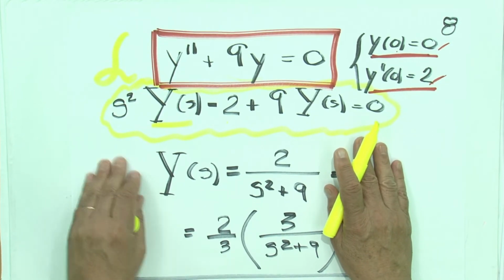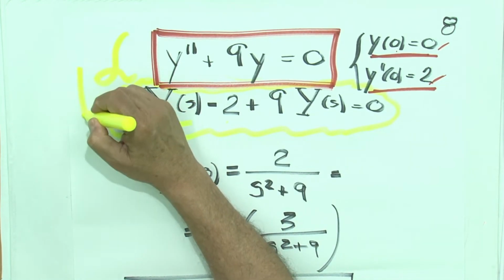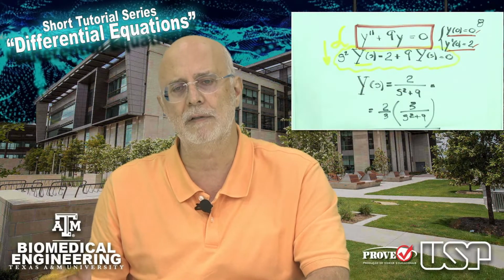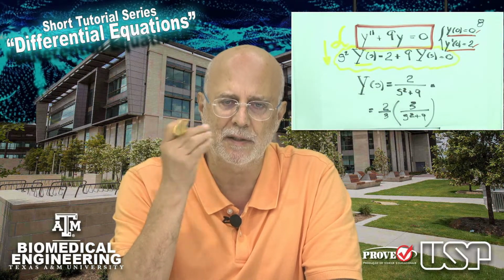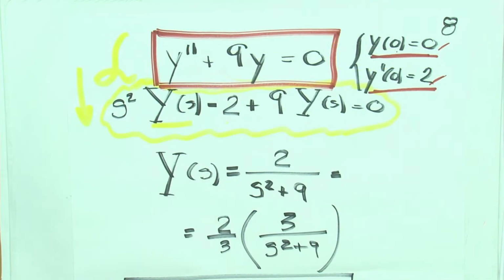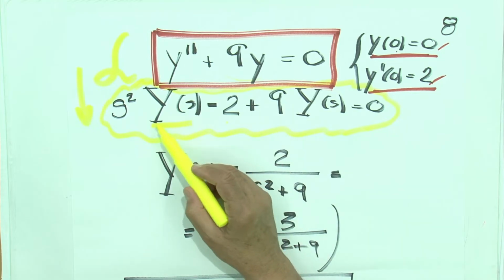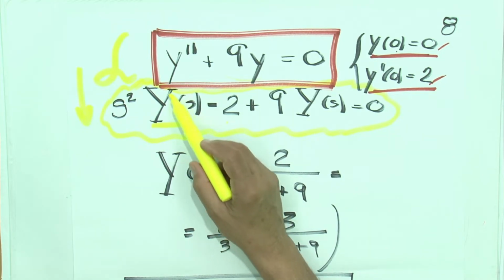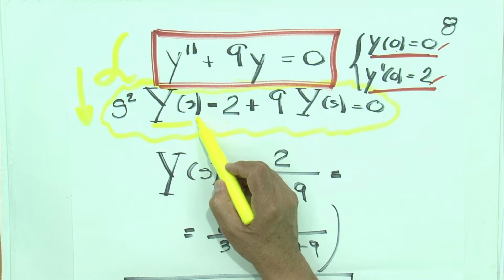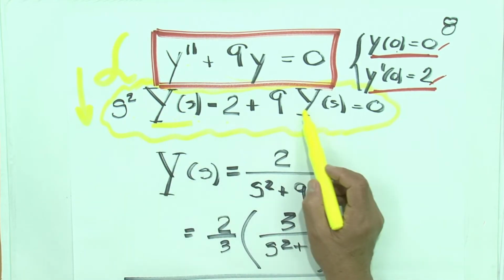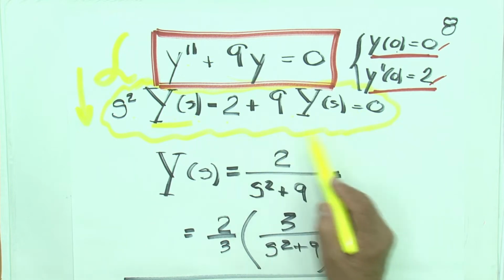So in one simple step, I got my algebraic equation, whose solution provides, of course, the Laplace transform of the solution I'm looking for. So isolating Y, capital Y of s, which is the Laplace transform of small y, times s squared plus 9 is equal to 2.